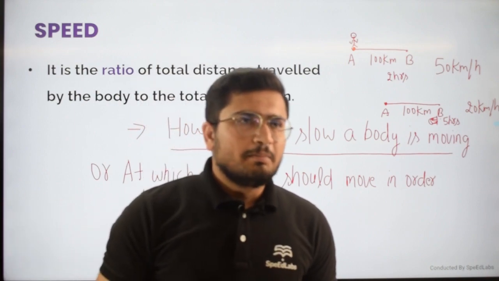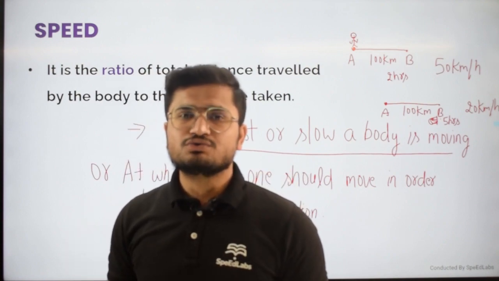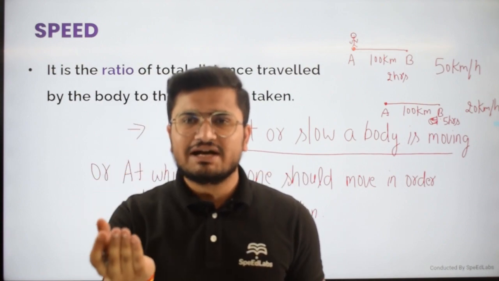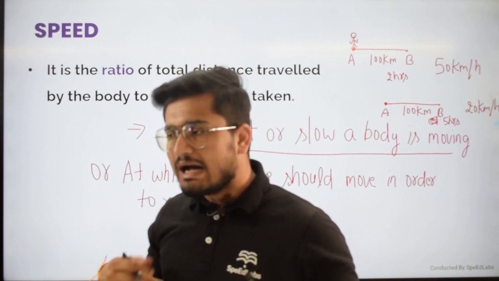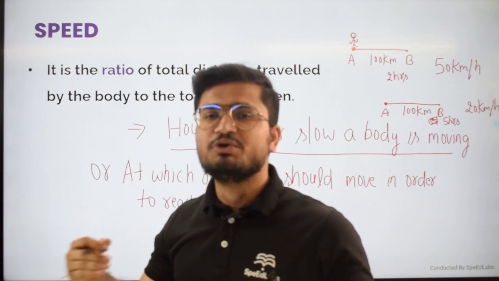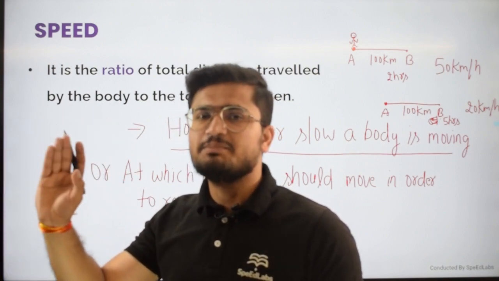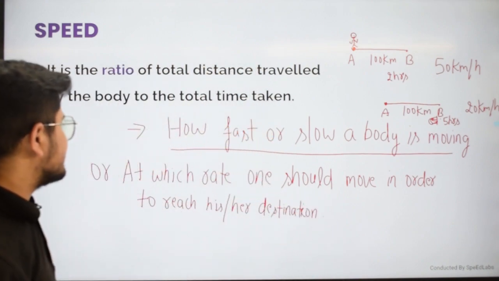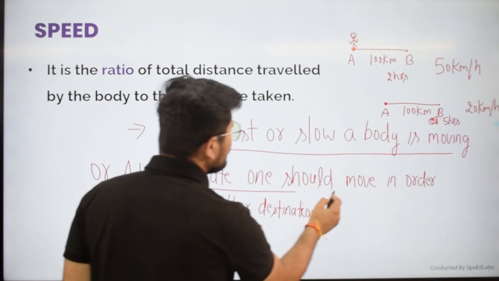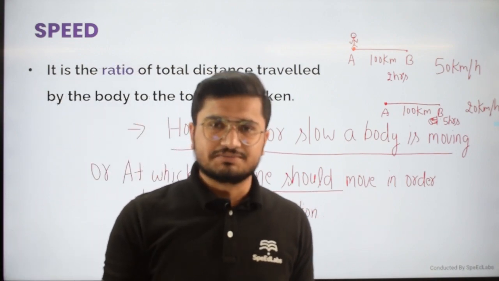But if you started a little bit later, say 8:40, then you have to move fast. It means you have to increase your speed in order to reach the school at the proper time, that is 9 a.m. So that is what speed tells us: at which rate one should move in order to reach his or her destination.